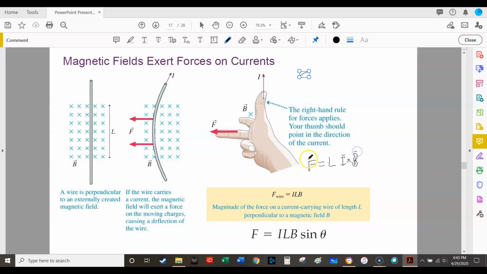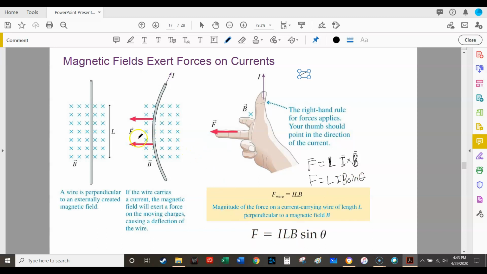This is the length of the wire in meters, this is the current in amps, and this is the magnetic field in Tesla, right? Well, that I cross B ends up working out because they have to be at 90-degree angles to each other, and it ends up working out to be the sine of theta, right? And so you could rewrite this formula, LIB sine theta, as ILB sine theta, right?